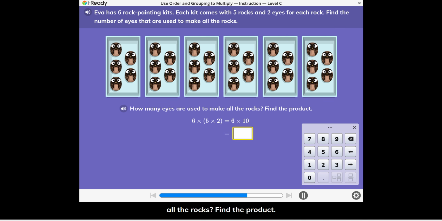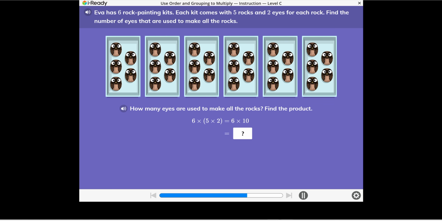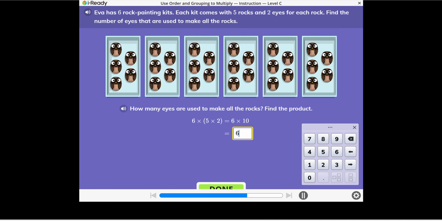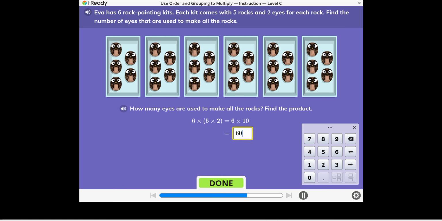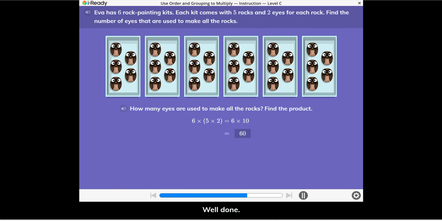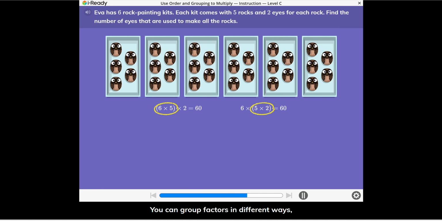Find the product. Well done. Ava uses 60 eyes to make all the rocks. You can group factors in different ways, and the product stays the same.